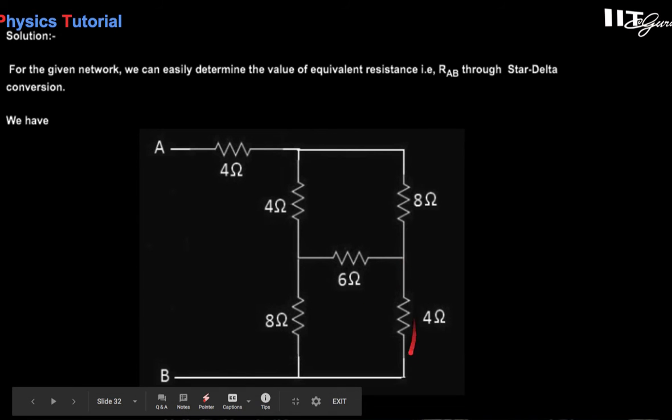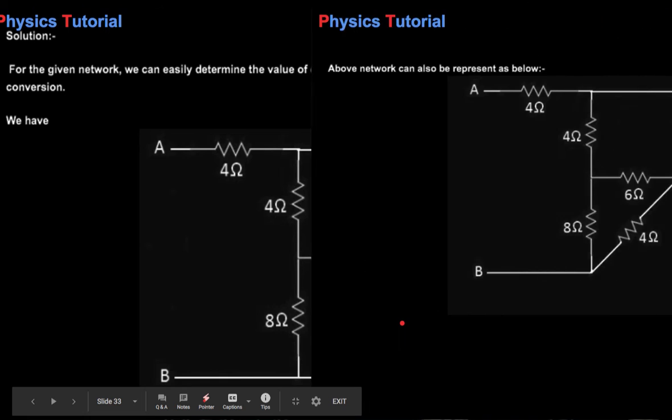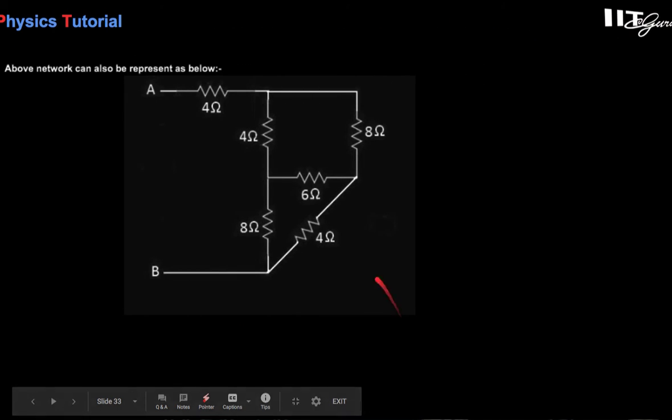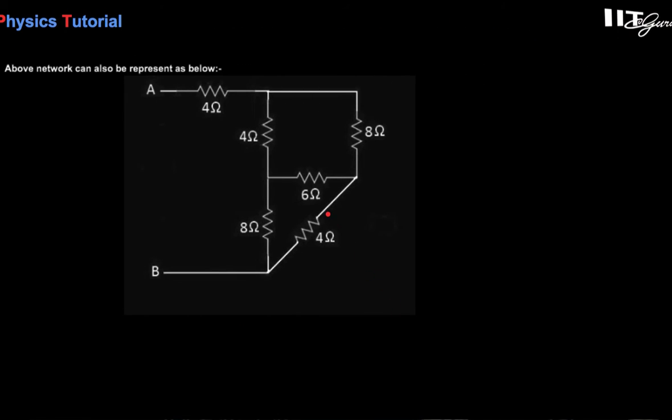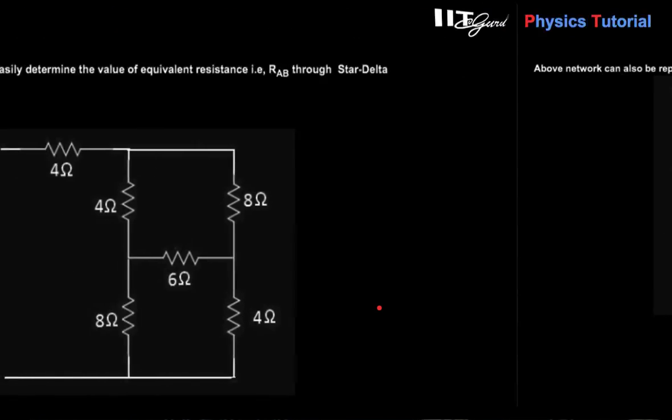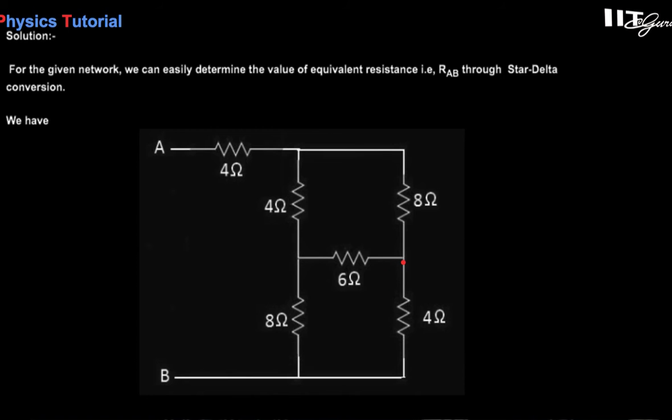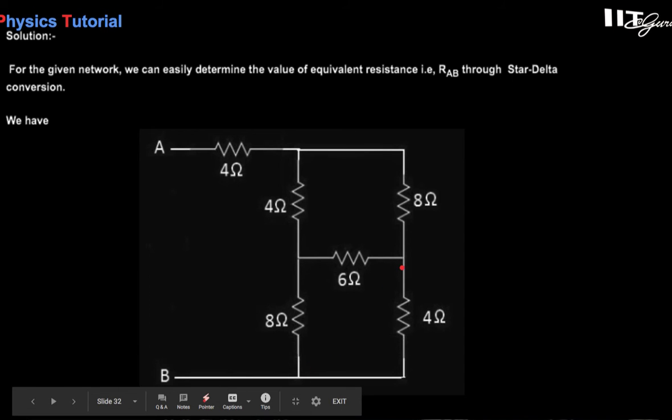You just connect this nodal point to this point, that is the 4 ohm only. If you draw this line and make it like this, you will get the delta appearance. We have done nothing; this is the same circuit, but only from this point to this point we connect this resistance, that is 4 ohm. With 6, 8, and 4, it seems like a delta.